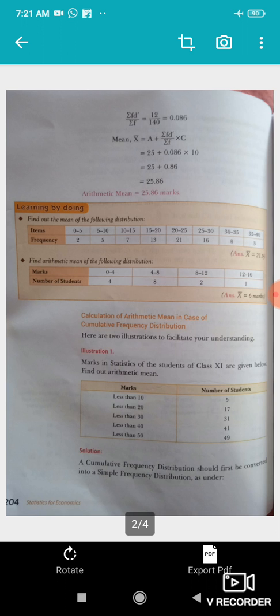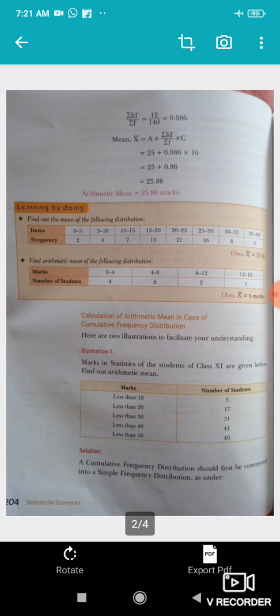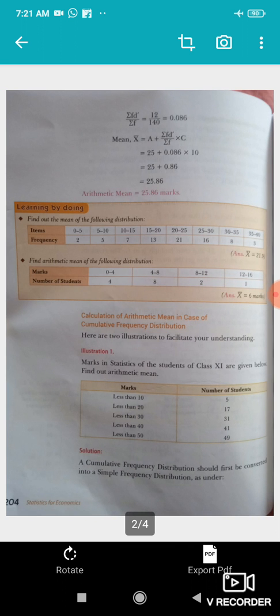Less than 10 was having 5. Because you have nothing before 5, you cannot subtract anything, so as it is 5, you will write it down here. But then less than 20 was saying 17, which is including 5 also. So it will be 17 minus 5, that is 12. Then 20 to 30, that is 31 minus 17, because it is including this also. 30 to 40, that will be 41 minus 31, that is 10.